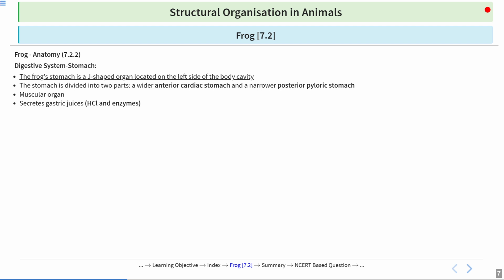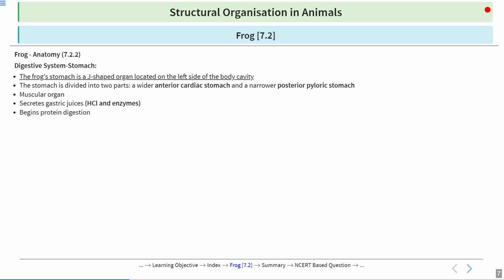Mucus forms a lining over the stomach and protects it, because HCl can degrade the cellular lining of the inner stomach. So this mucus is very important. It is part of the gastric juice, right? So HCl, enzyme and mucus.